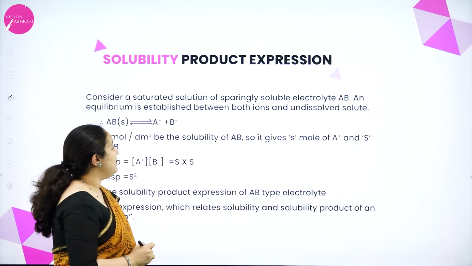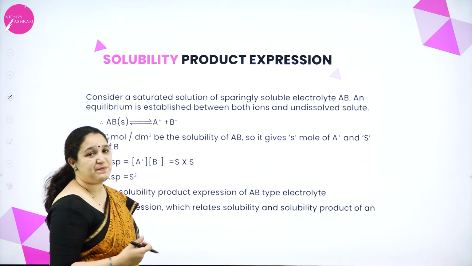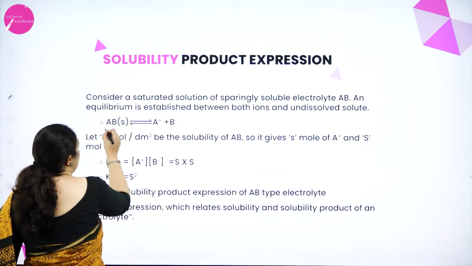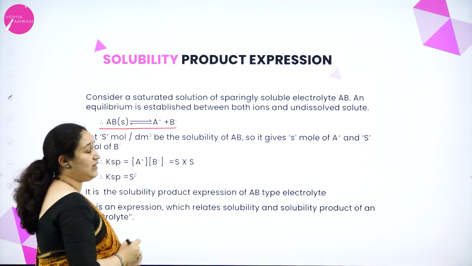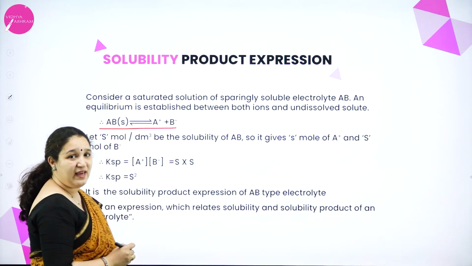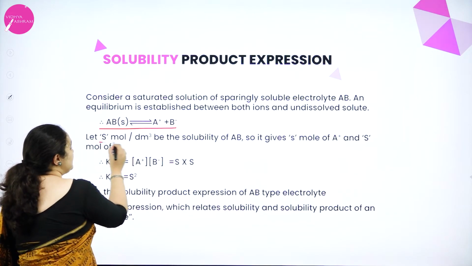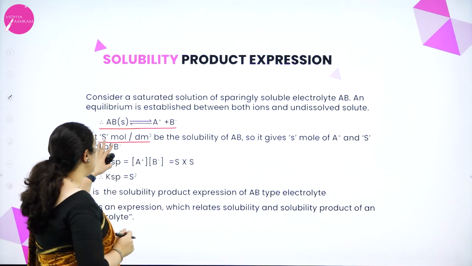Okay. So, next is solubility product expression. How do you express the solubility product? Again, I am going to consider a saturated solution of a sparingly soluble salt, and the system is at equilibrium, that is AB giving A plus and B minus. For this one, I'll consider S moles per dm cube to be the solubility of AB. So, what is solubility?